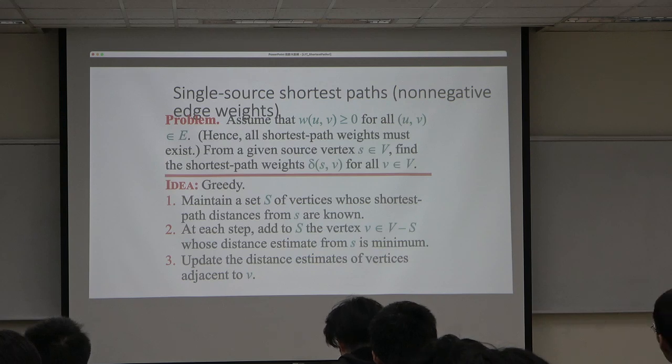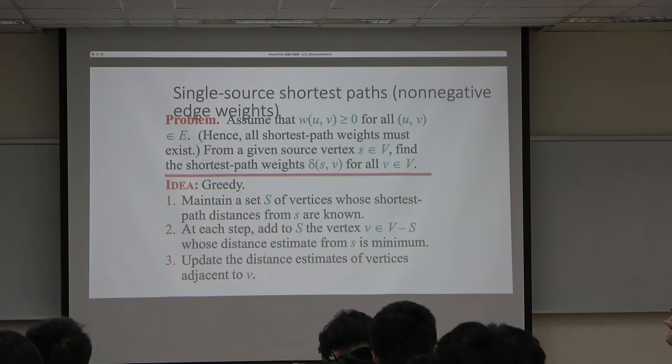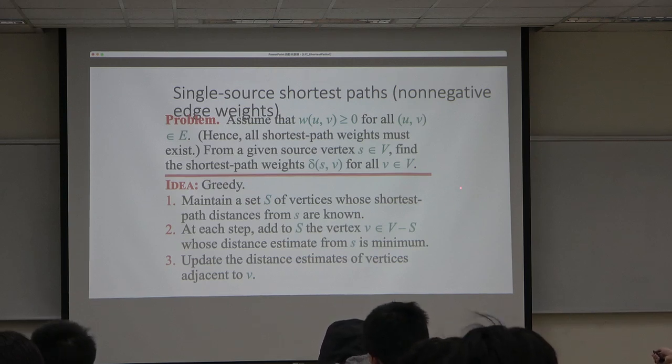The shortest path from the source node to these nodes is already known. At each step, you add to this set one vertex from the rest of the vertices whose distance estimate from S is minimum, and you update the distance estimate of vertices adjacent to it.